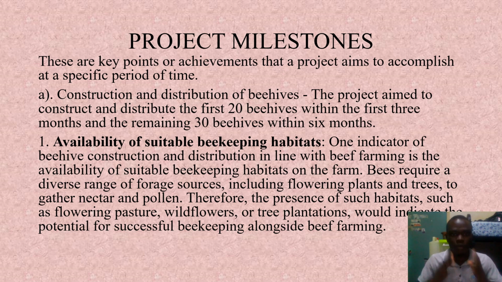By looking at the availability of suitable beekeeping habitats, we are looking at those boxes which are created for the bees to live in. They should be suitable enough and well organized. Therefore, if there are suitable beekeeping habitats, it implies that the project has achieved its milestone.